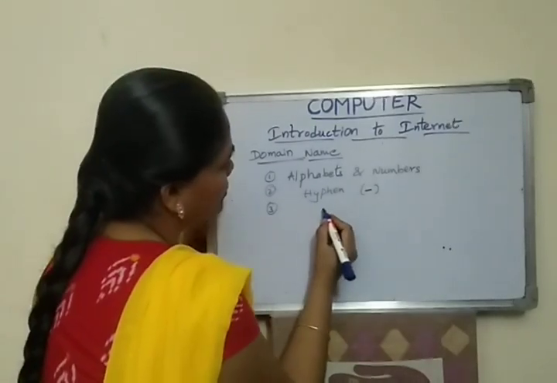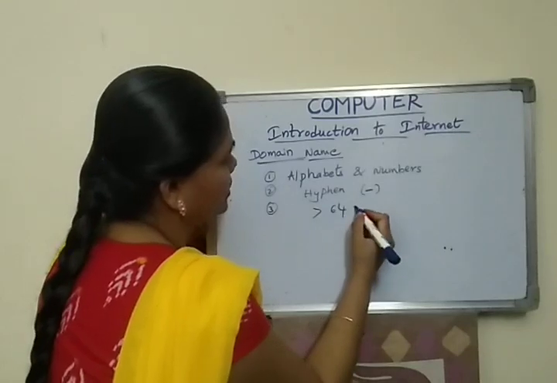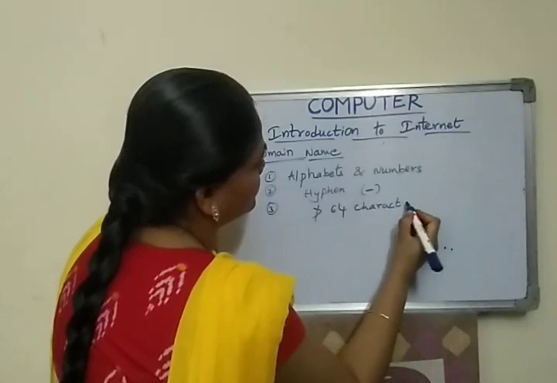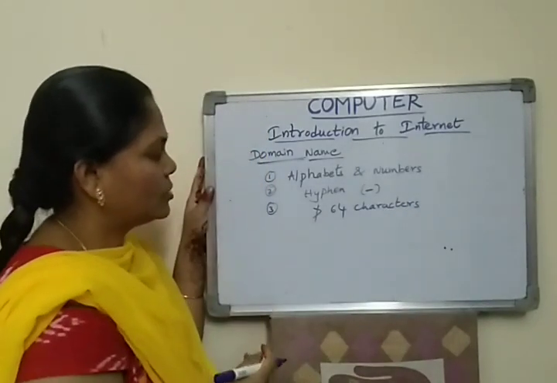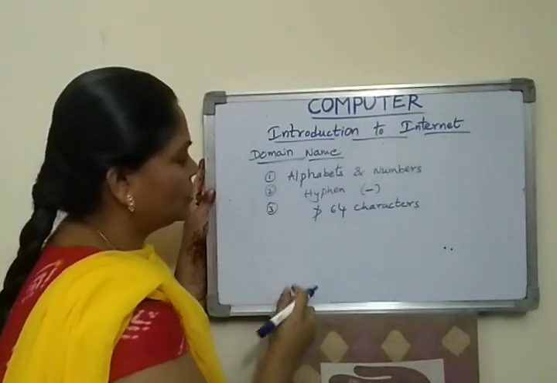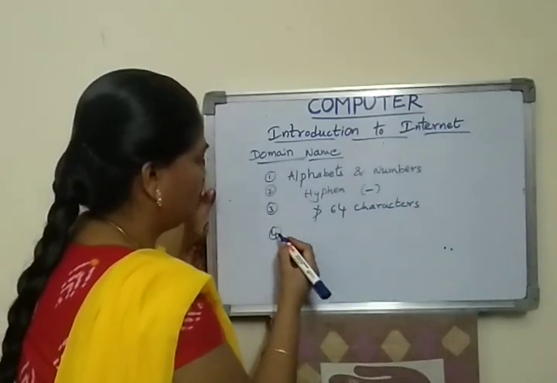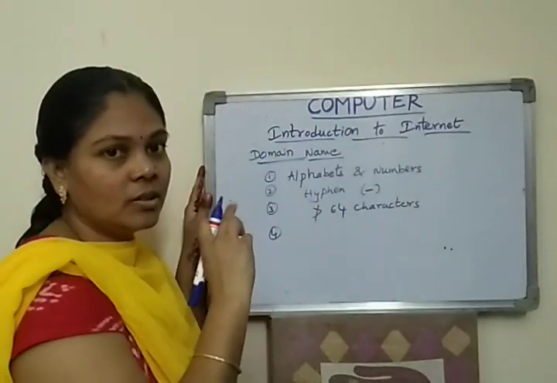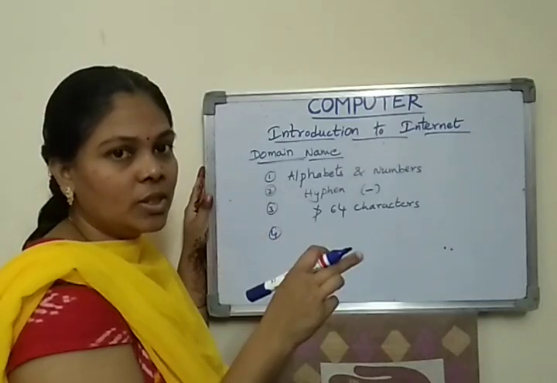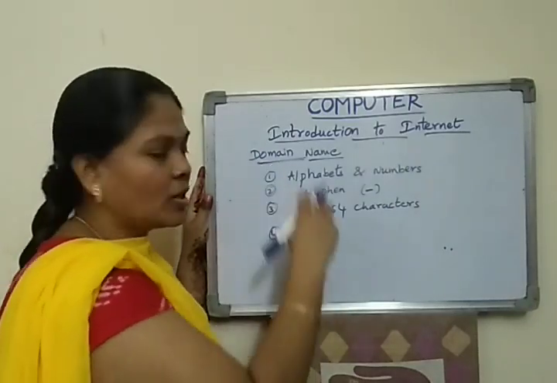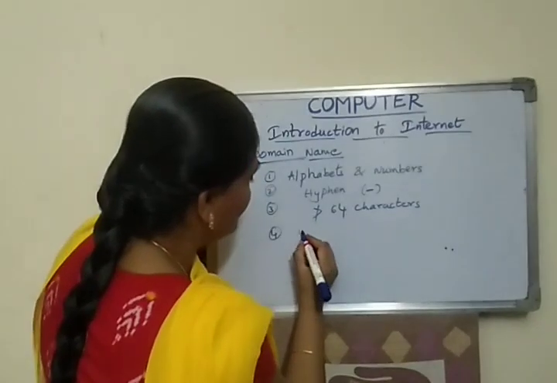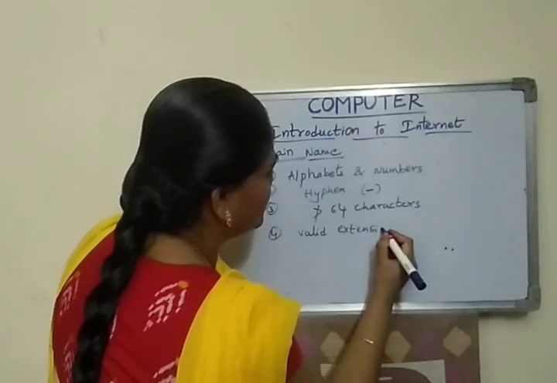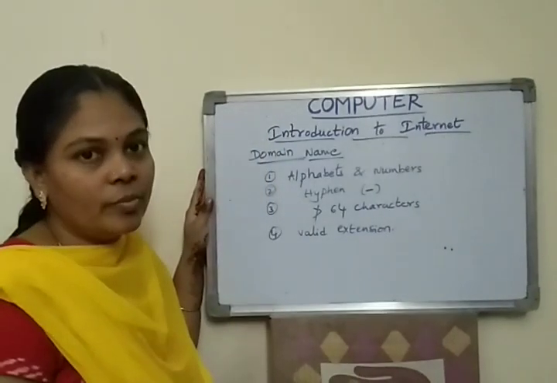Third, it should not exceed 64 characters. Next, it should have a valid extension, which we discussed now, using country names or different organization names. So like this we decide the domain name.